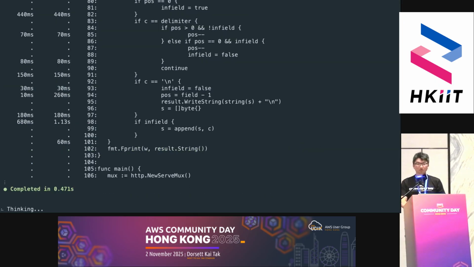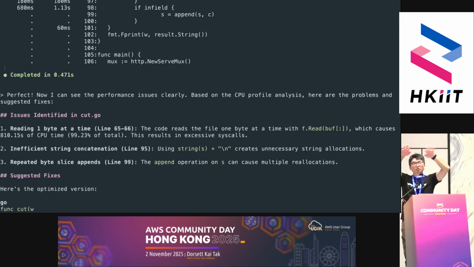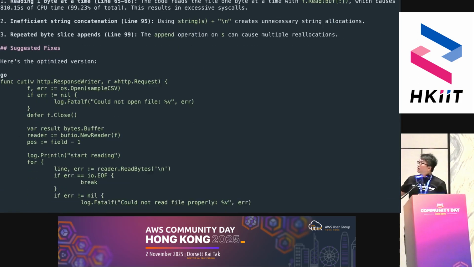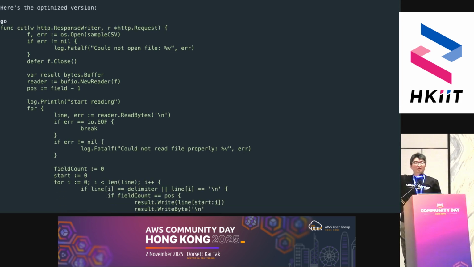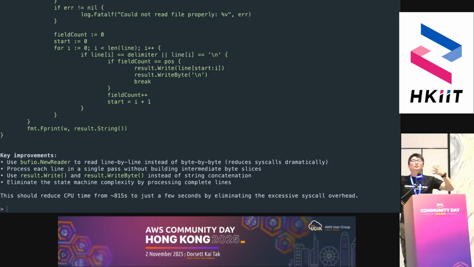So I say yes to deep dive into the function, and then it got the whole CPU usage information line by line, and it identifies the issue, and also it provides the improvement by itself. So this is how you can utilize the AI assistant more to fix the performance problem with the profile data.